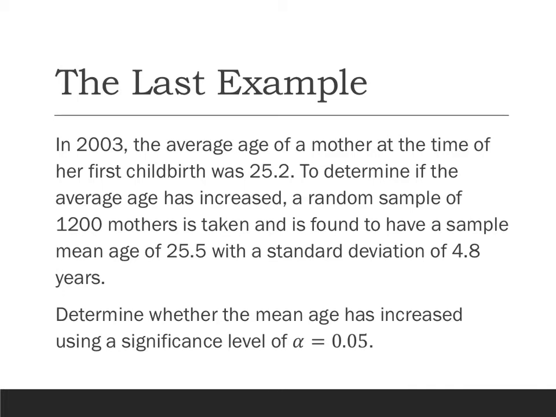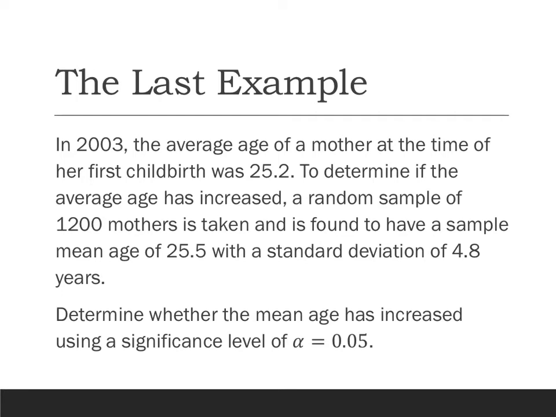To determine if the average age has increased, a random sample of 1,200 mothers is taken and it's found to have a sample mean age of 25.5 years with a standard deviation of 4.8 years. And we want to determine whether the mean age has increased using a significance level of alpha equal 0.05.